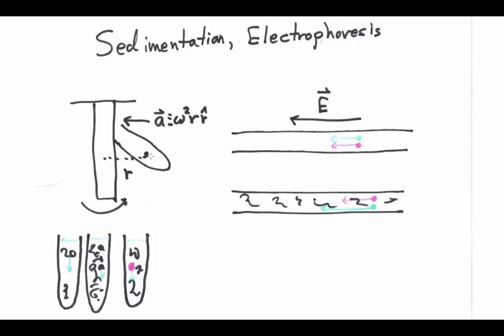So far as the object is concerned, it cannot tell the difference between the acceleration and being subject to a gravitational field. In either case, we get sedimentation. Things fall out of solution, or in the case of cream in unhomogenized milk, they float to the top.